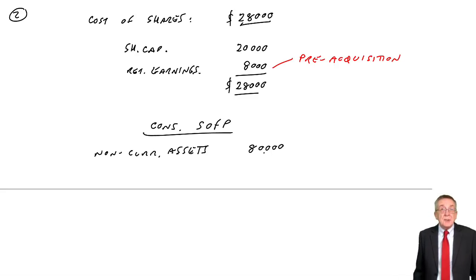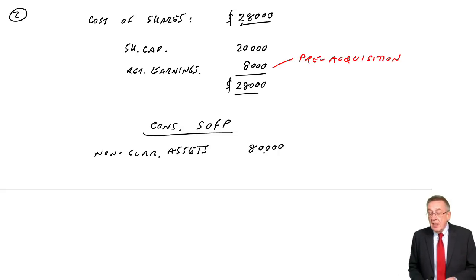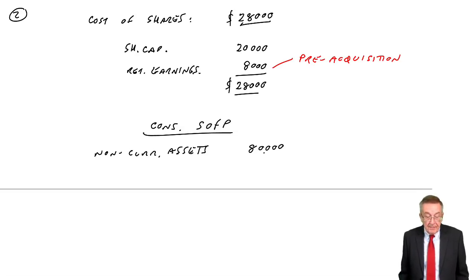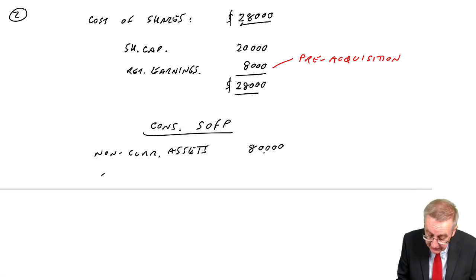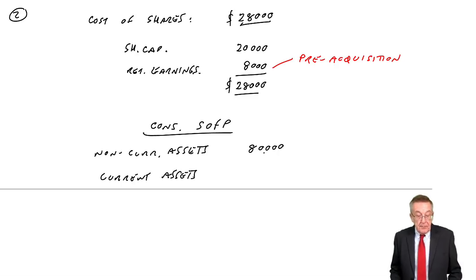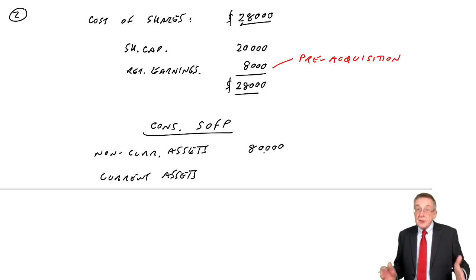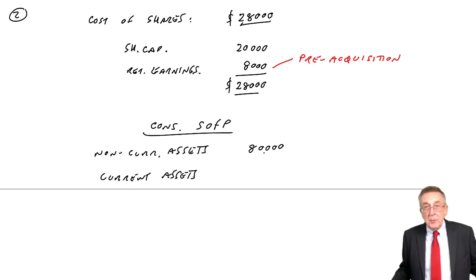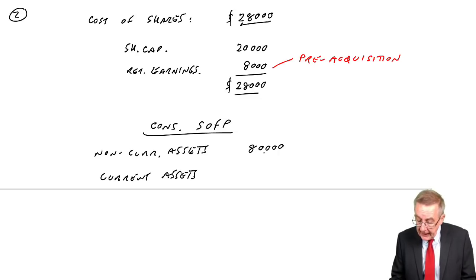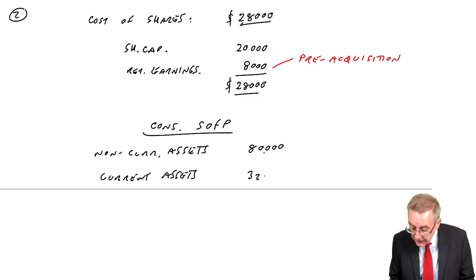Ignore the investment in S because, like before, instead of showing the investment in S, we're bringing in all the assets and liabilities of S. But current assets, again, add up. 18 in P, 14 in S. So, for the group, as one big company, a total of 32,000.